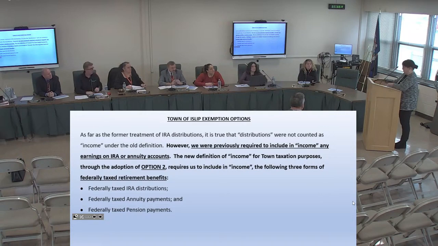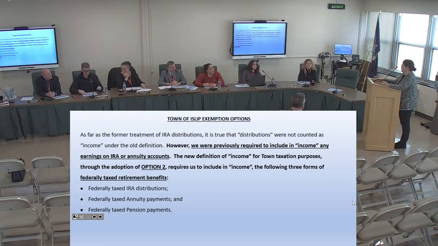Through the Assessors Association, it is actually making it much easier for applicants to qualify for this exemption, especially with the pensions now being limited only to the federally taxable portion, and other forms of income that we can no longer include. So it's described by many assessors as no longer being a low income exemption.